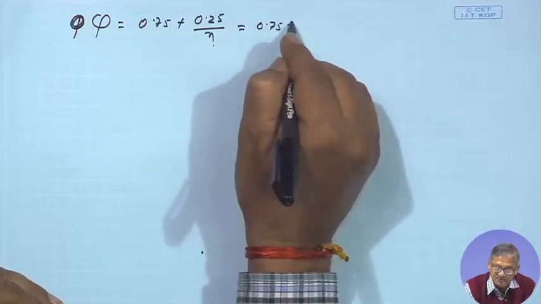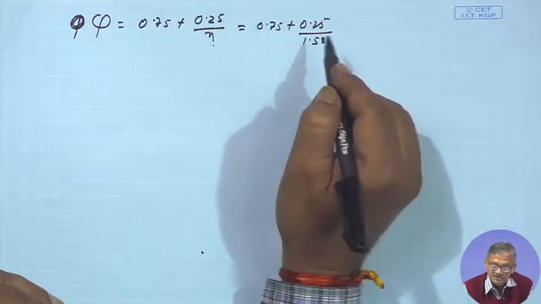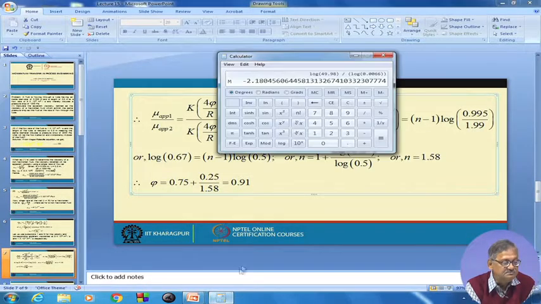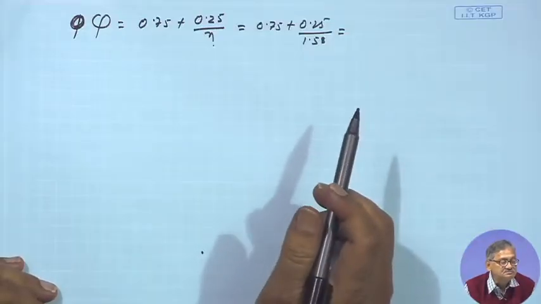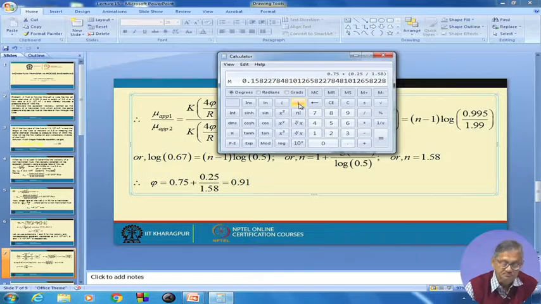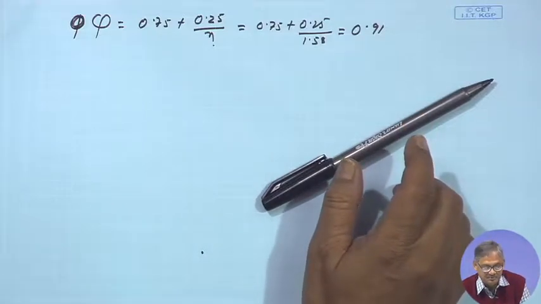So it is 0.75 plus 0.25 by 1.58, which comes to 0.908, that is 0.91, right. So psi has come to be 0.91.